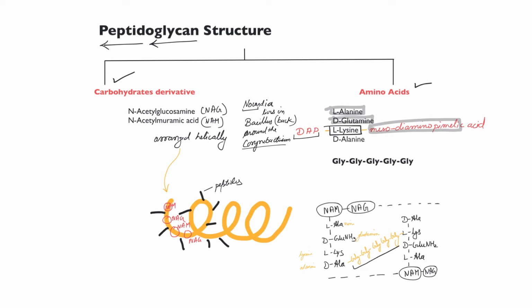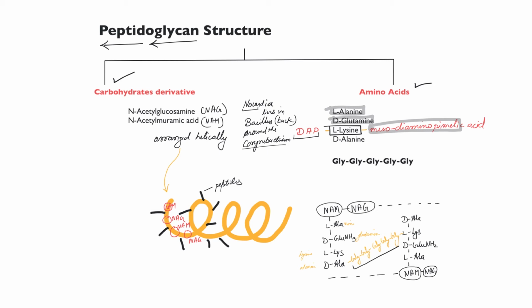So this is the type of linkage found in gram-positive bacteria. It will change in gram-negative, right? Sometimes you have meso-diaminopimelic acid, sometimes you have lysine, and in some gram-positive bacteria you can also have DAP as the short chain. So this is the core structure of the cell wall in gram-positive bacteria.